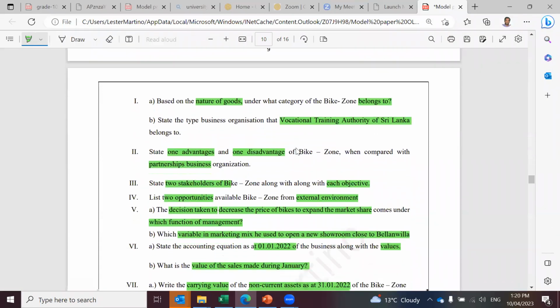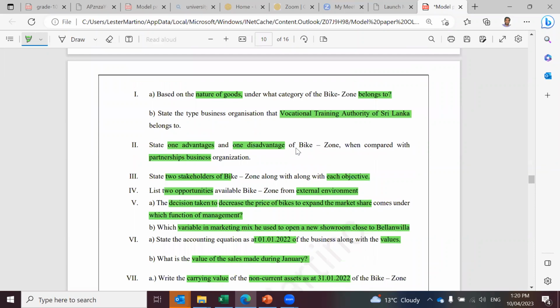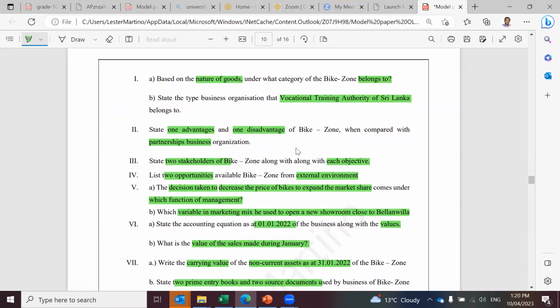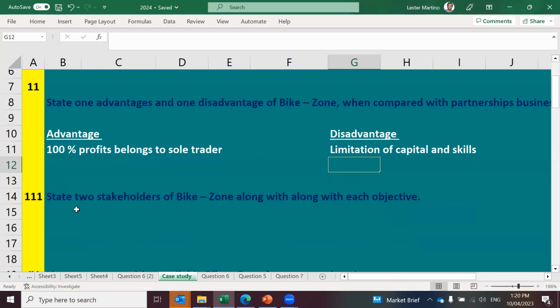Next question. Question number 3. State 2 stakeholders. Any guess? Owner. If they ask for an example, you can say Ranbanda, an employee, his brother.